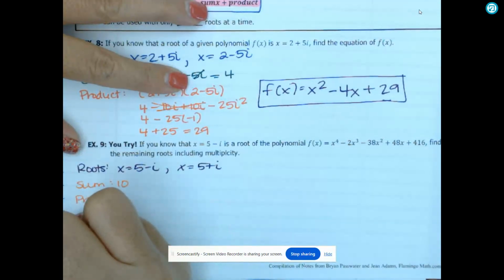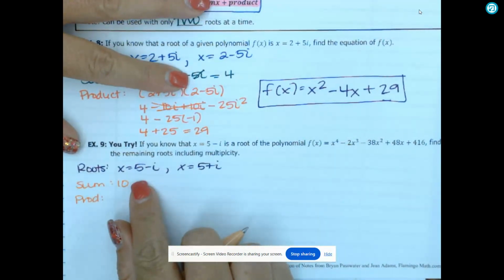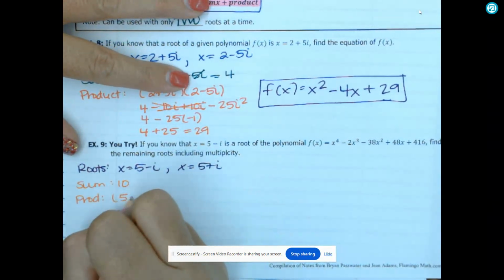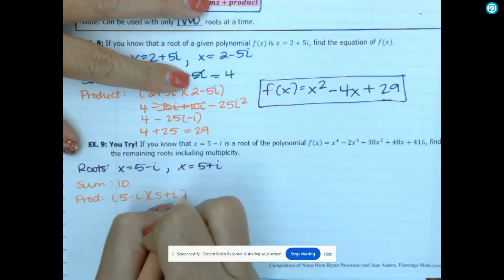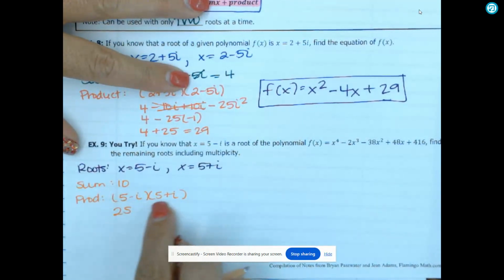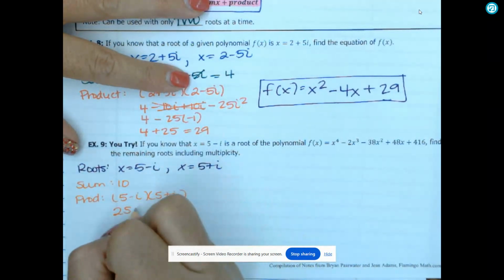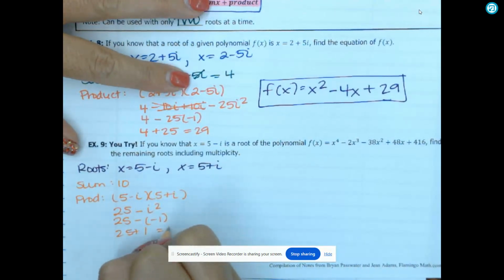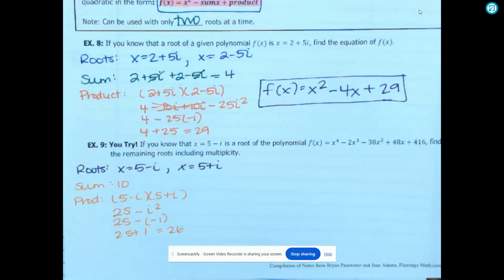And then I'm going to do the product. So 5 times 5 is 25. Plus 5i and minus 5i are going to cancel. So I have negative i times i, which is negative i squared, which gives me 26.